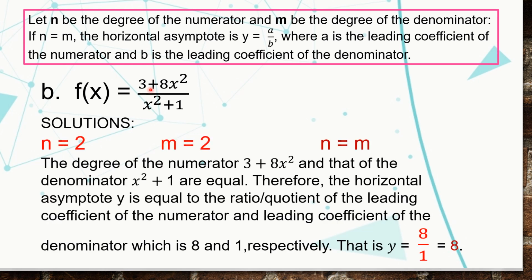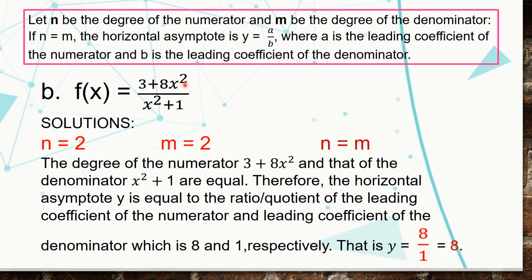For letter B, f of x equals 3 plus 8x squared over x squared plus 1. I repeat, to find the horizontal asymptote, ang basis natin ay ang degree ng numerator at degree ng denominator. So, ang degree ng ating numerator dito ay 2.